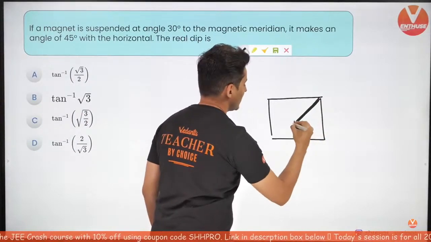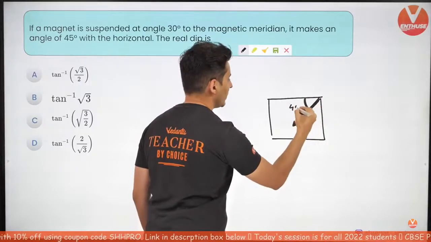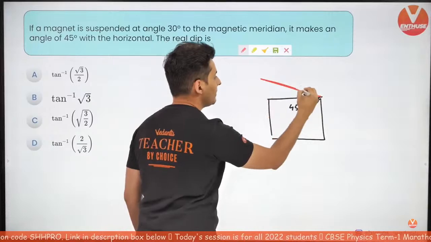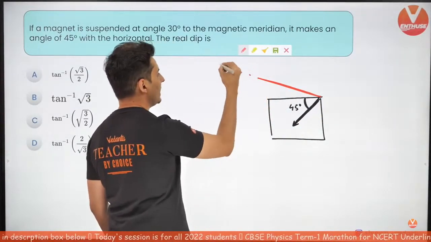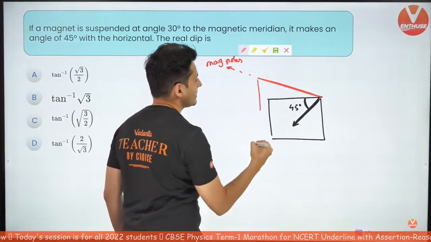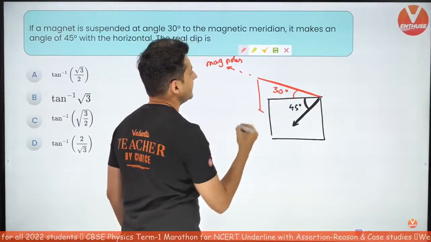This is where the needle is suspended. In that random plane, it is making 45 degrees. But the actual plane in which magnetic fields exist is this, because if you go like that, you get the magnetic poles over here. This is the different plane, and that plane is making an angle of 30 degrees.